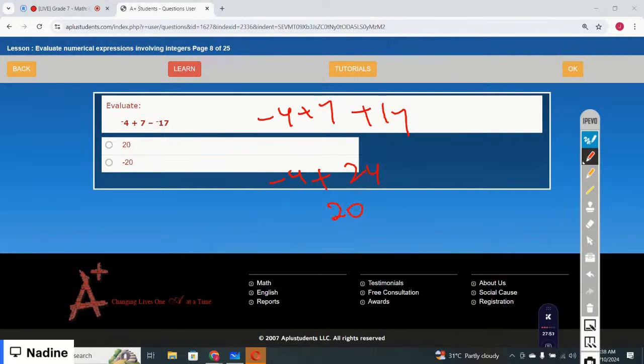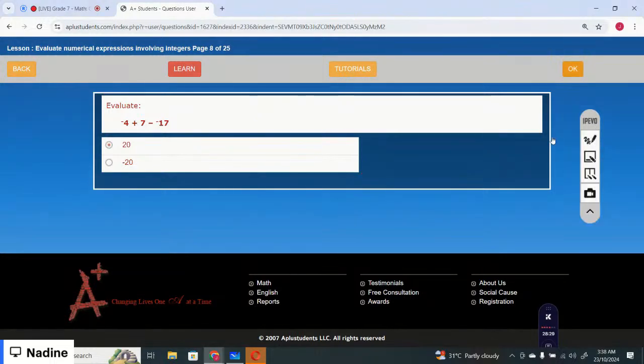So the correct option is option number 1. 20 it is.